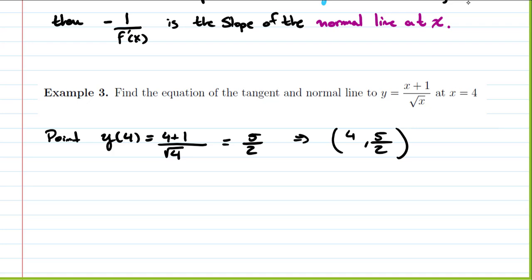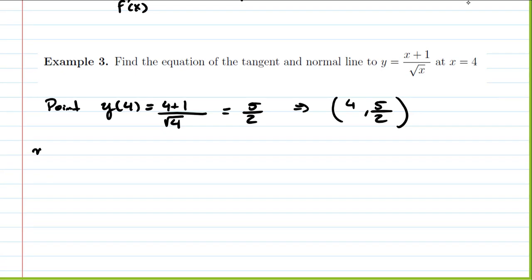Now I need to find the derivative. So what rule does it look like we're going to need to use to find our derivative? Well, when we look at it, what operation do we have? Division. So what rule do we probably need to use? Quotient rule, right?